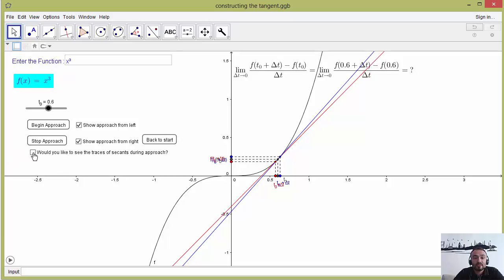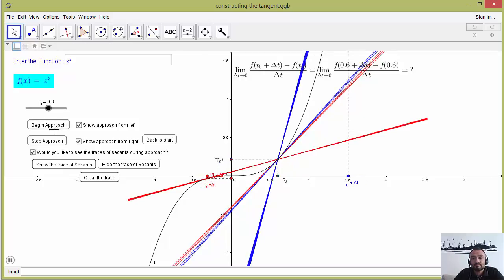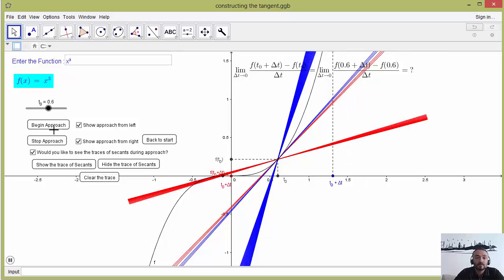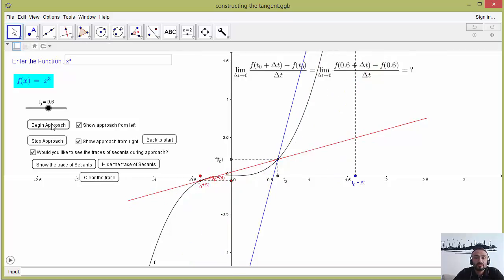Let's show the trace of secants and begin the approach again. Oh, let me start from the start.